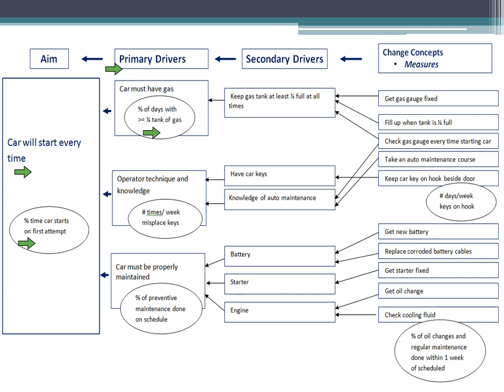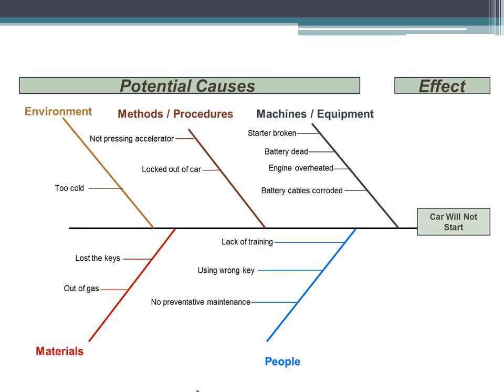Some people just put it in the same box in a different colored text or something like that. And then the secondary driver. So when we say the car is going to start, if we look back at our fishbone diagram, one of the things was it was out of gas.